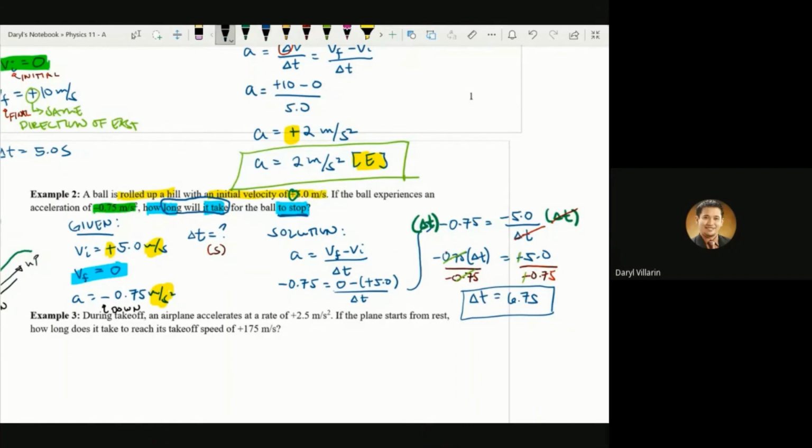Because if you solve this one first before you substitute the values, you can just have delta t is equal to VF minus VI all over A. And you should get the same answer, okay? So if you're comfortable solving for the variable first and then substituting the things that you have, that's fine.